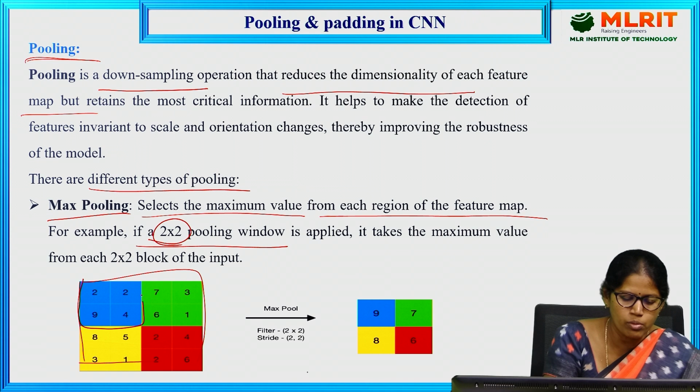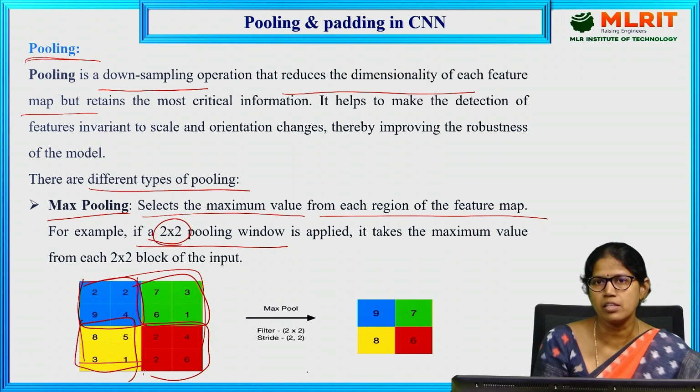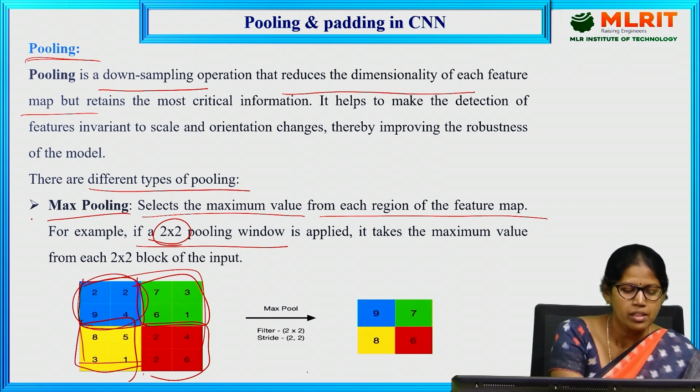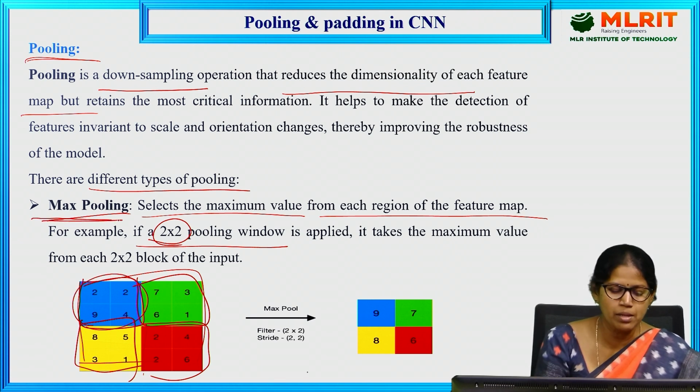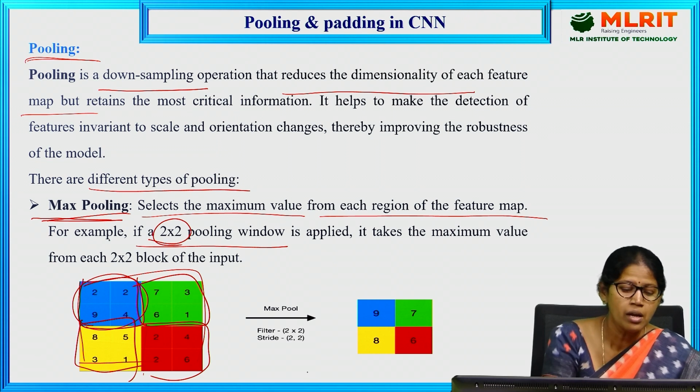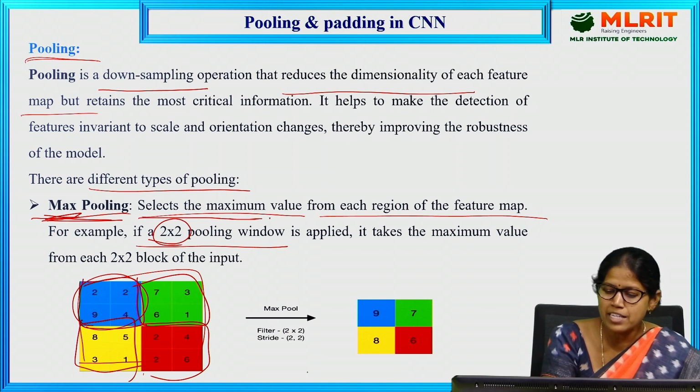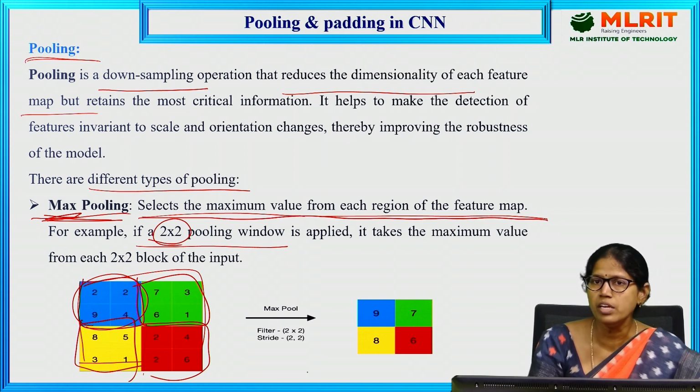So this is one of the regions, and this is another one, and this is another one. Max pooling means from this 2x2 window, it will take the maximum value. So it selects a maximum value from each region of the feature map.